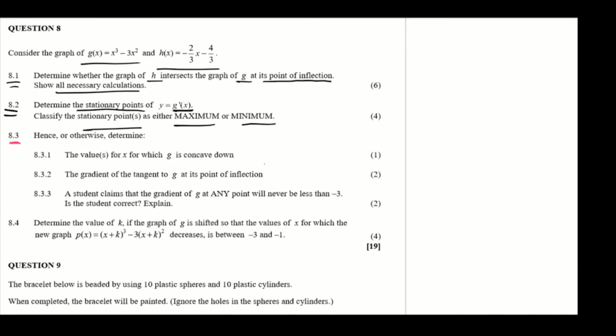Now 8.3, hence or otherwise, determine 8.3.1, determine the values of x for which the graph of g is concave down. So when something is concave down, which means it's facing downwards, right? So it's when you have a parabola that is facing downwards, but if it's concave up, it is facing upwards, right? So please note it down.